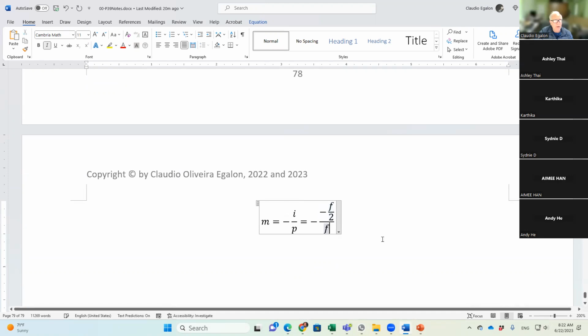P is F. So here you go. F cancels out with F. Negative cancels with negative. 2 goes downstairs. And we finally get one half.